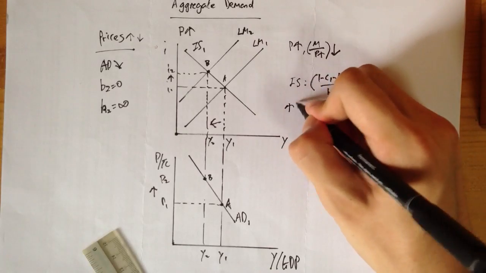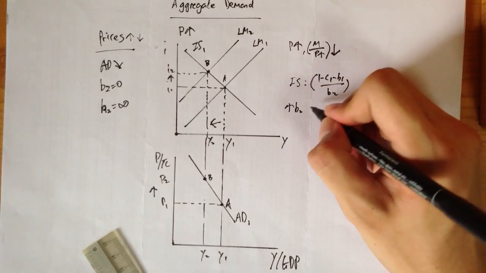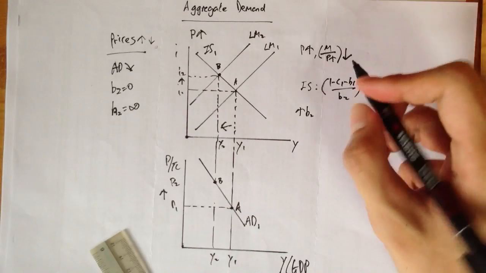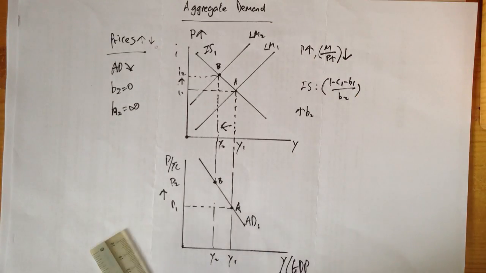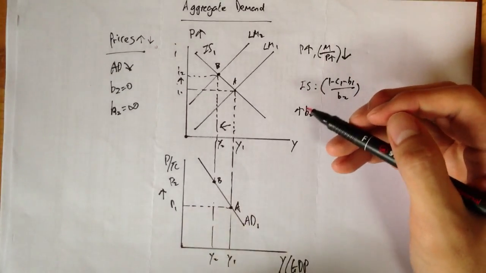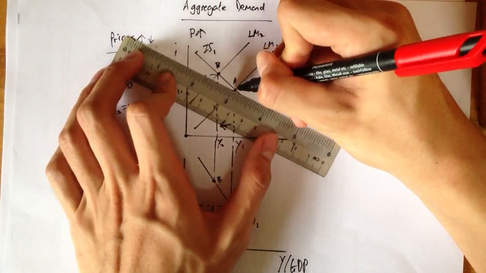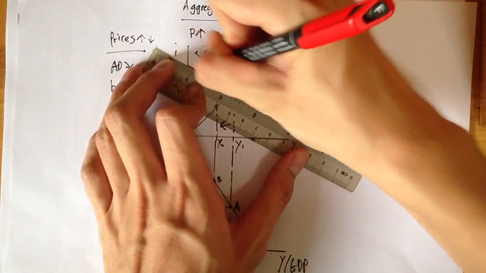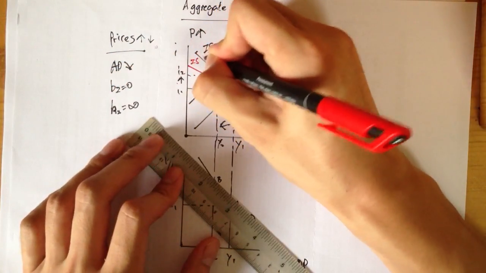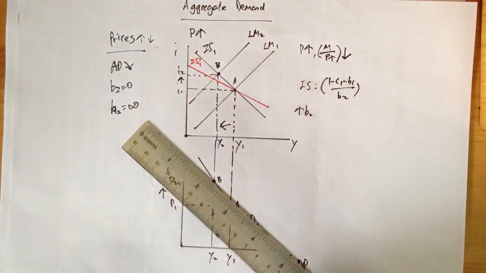So given a rise in B2, you will actually make your IS flatter. I'm going to use a red ink so you guys could see it better. So here you have a flatter IS. Everything else is the same.